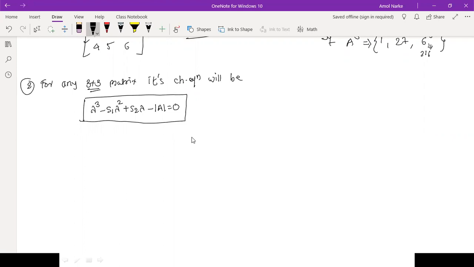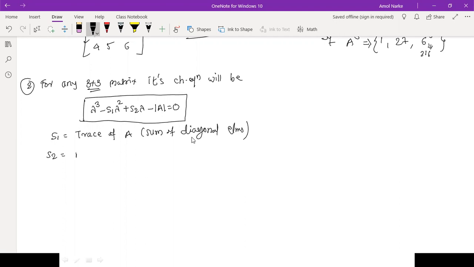What is S1 here? S1 is equal to trace of A. What is meant by trace of A? The sum of diagonal elements. Okay, you can easily find. What is S2?